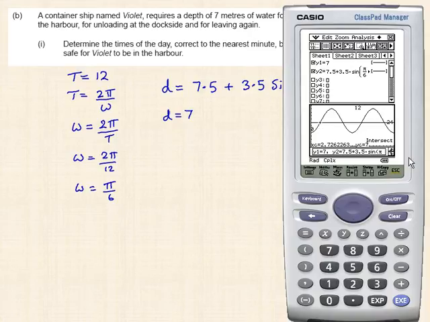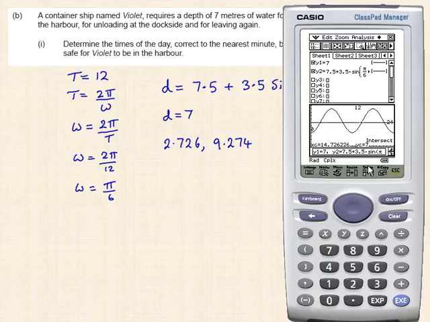So the first one here, let's just put the calculator so it's always on top, 2.726. Then we'll go across to the next one, 9.274.